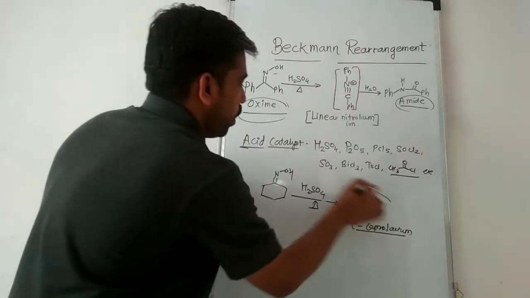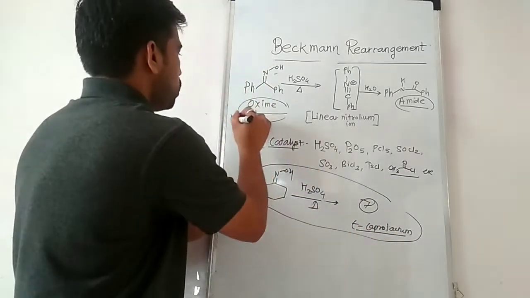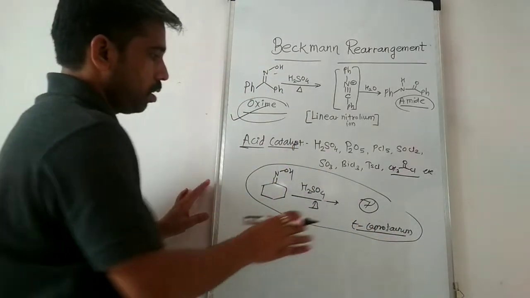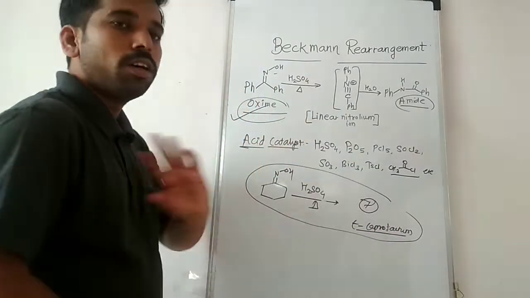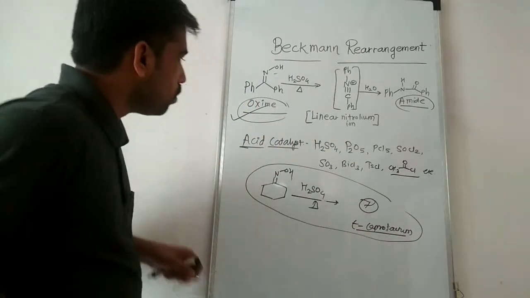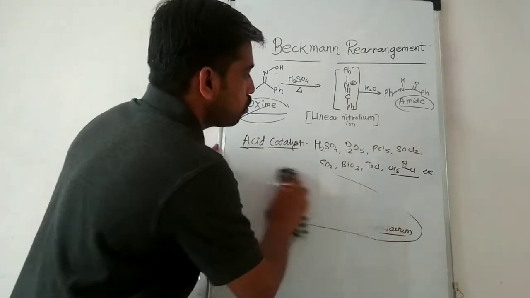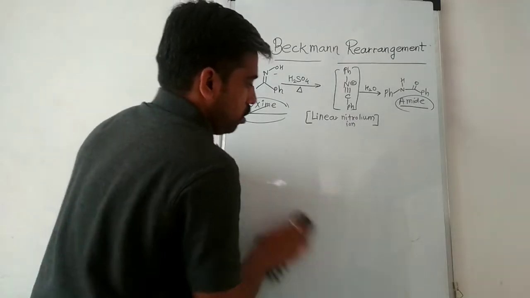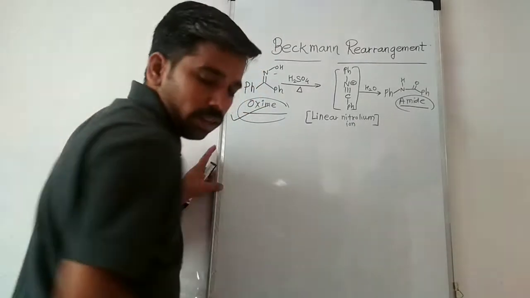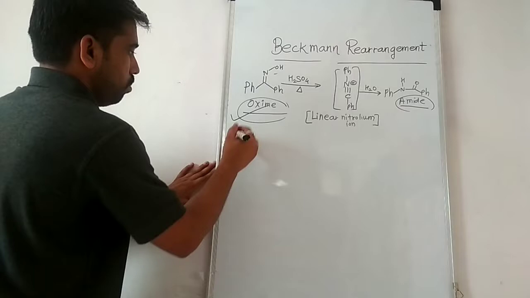For this reaction we will see the mechanism later. Okay, in the 7 member ring, the linear nitrilium ion is not formed. So let's see the mechanism of the Beckmann rearrangement in the acyclic systems.